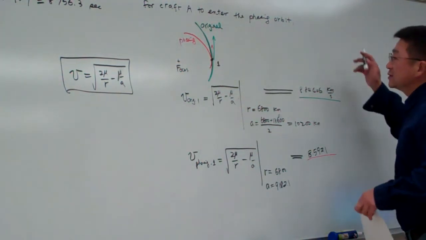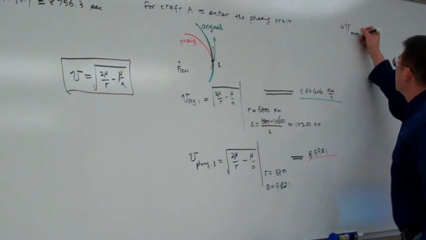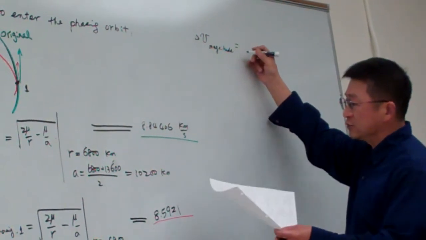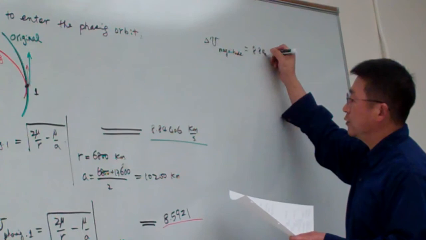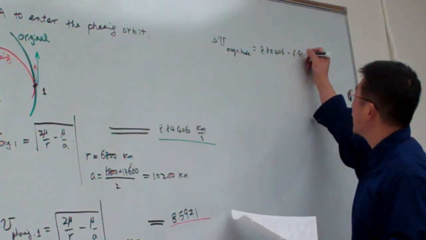From here we can see the delta V in terms of magnitude. It is the difference between the two, 8.84406 minus 8.5921.